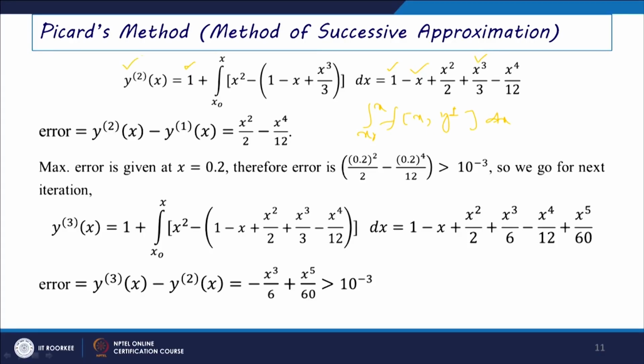1 minus x plus x square by 2 plus x cube by 3 minus x to the power 4 by 12, minus 1 minus x plus x cube by 3.